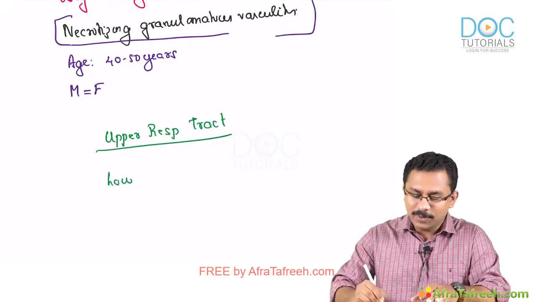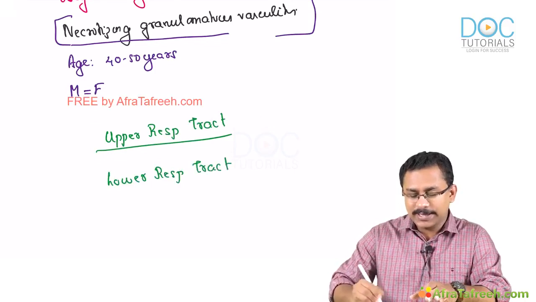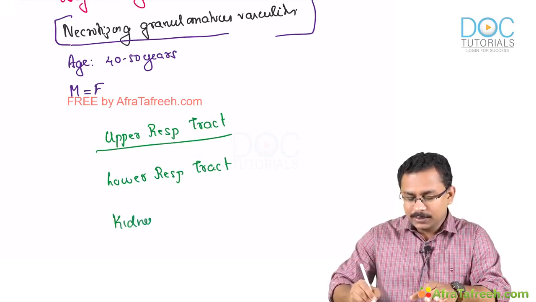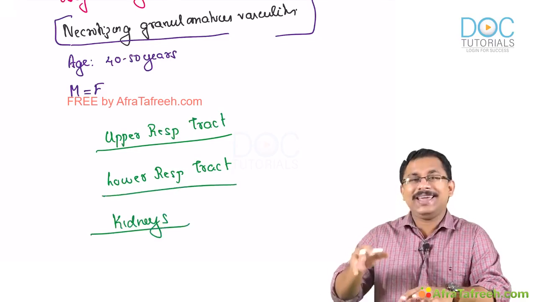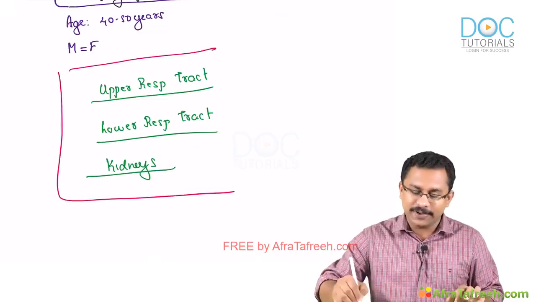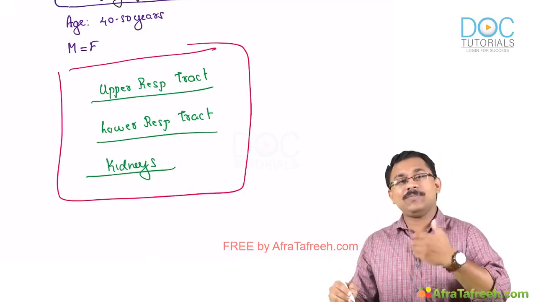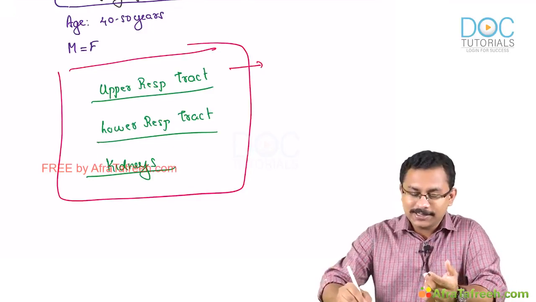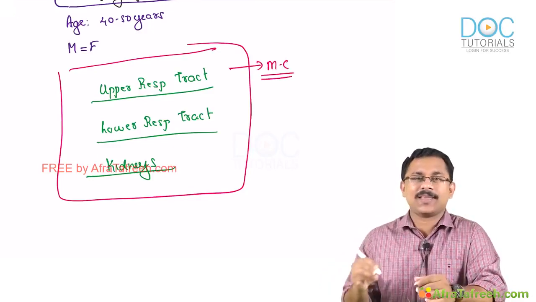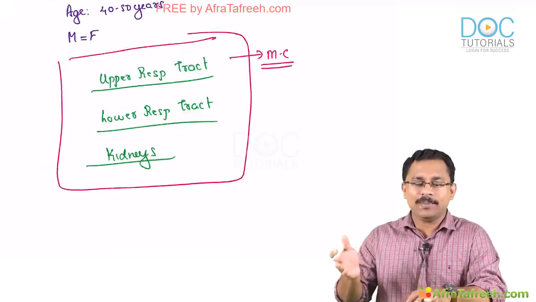Then you can have involvement of your lower respiratory tract as well as your kidneys. So these are the three predominant areas where you have the brunt of the attack in case of Wegener's granulomatosis. Now if you are asked among all these what is the most common site of involvement, it's the upper respiratory tract. Important.